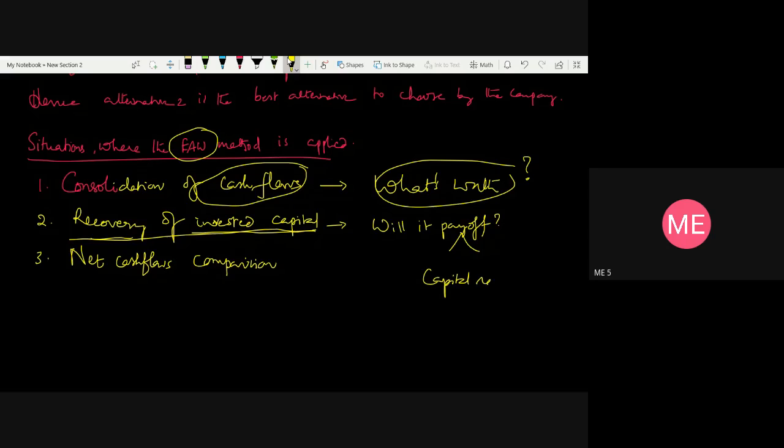That is why we use this EAW method, where we can easily find out the annual pattern, so that we can see whether there is payoff or not. Zero or negative means the business alternative could be adequate or loss making respectively.